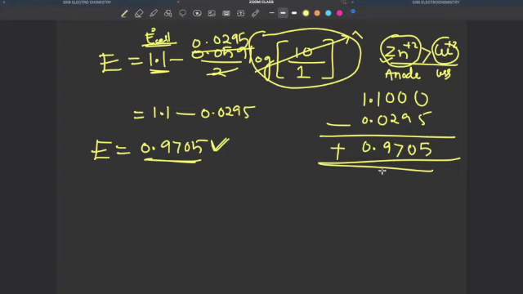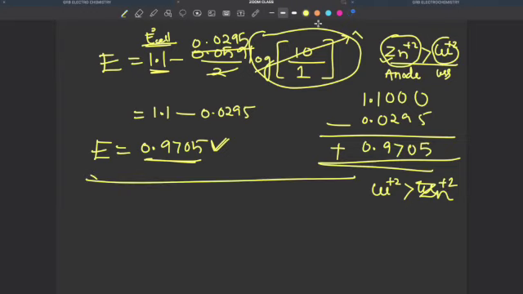We'll see one more case. If copper plus 2 concentration is greater than zinc. I have taken the copper plus 2 concentration higher than zinc. So what do we get here? Of course, E equals 1.1 minus 0.0295 into log.